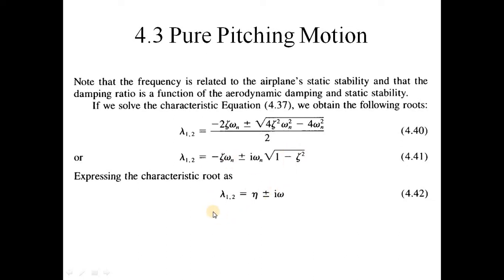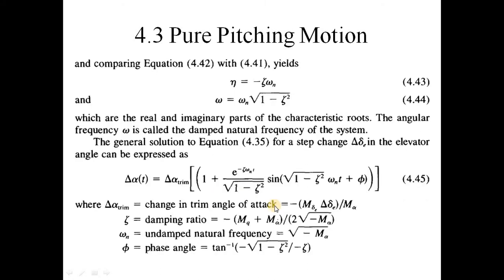We express the characteristic root as this: the real part is negative this, and the imaginary part is this. These are the real and imaginary parts of the characteristic roots. The angular frequency omega is called the damped frequency of the system, as I already mentioned before.